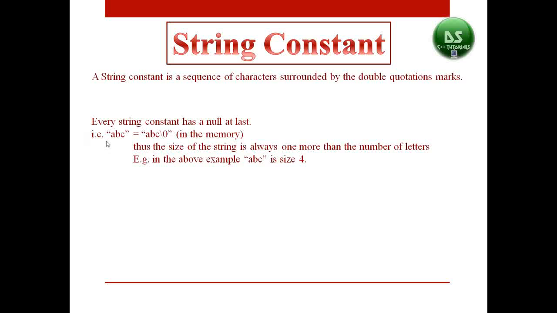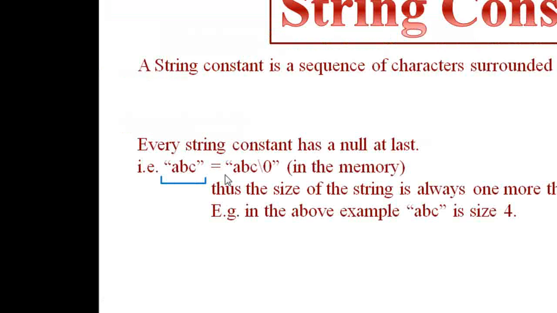Like we have abc as a string, so this abc will be represented as abc backslash 0, the null character. These are the same, but it will be represented like this in the memory. Remember, in the memory.